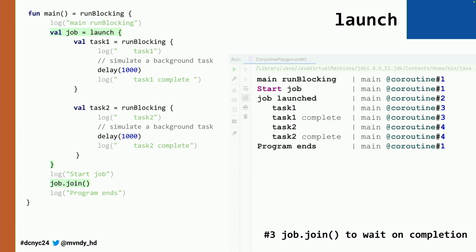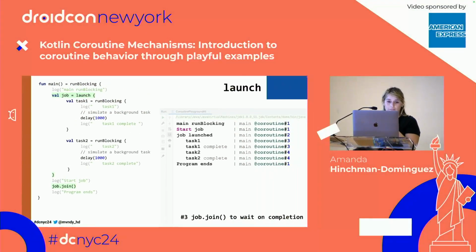So coroutine 1 is supposed to indicate the parent, which is a reference to the actual main function. Then we go to start job, and then we go to job launched. At that point, we have created a second coroutine. It's still technically on the main thread, but there is a second coroutine present.